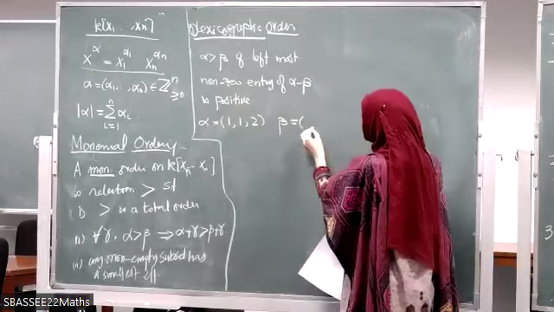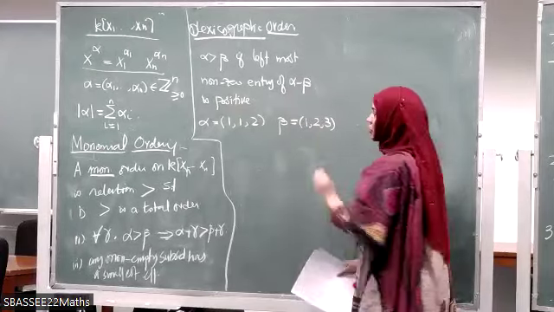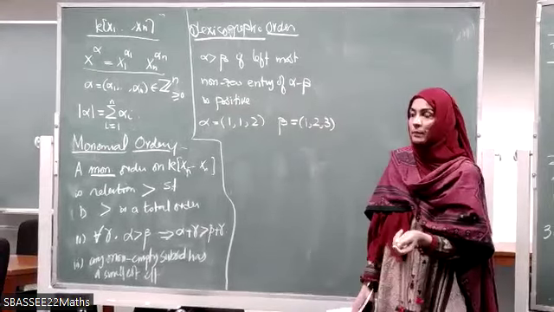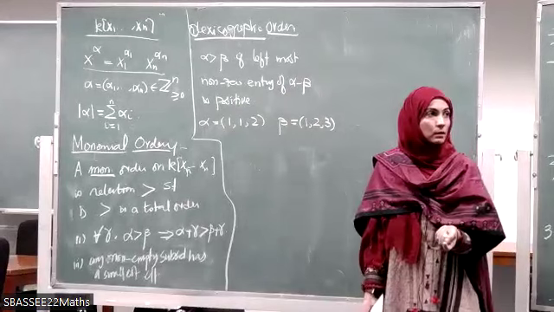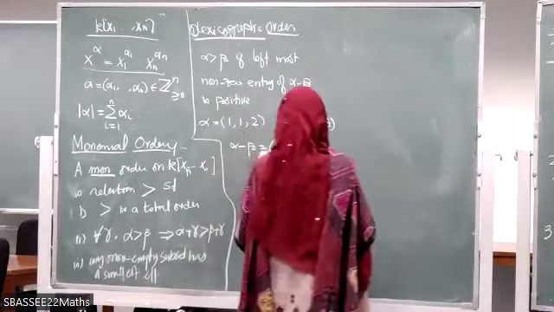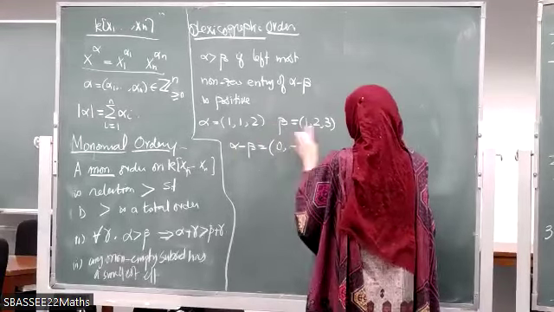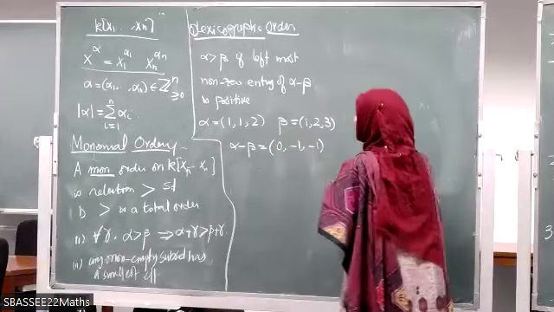Beta is like 1, 2, 3. So you can answer this question, which one is bigger and which one is not bigger, right? So you just need to check alpha minus beta, and if you check alpha minus beta, that is 0, -1, and -3.